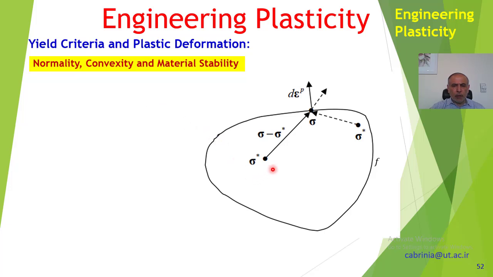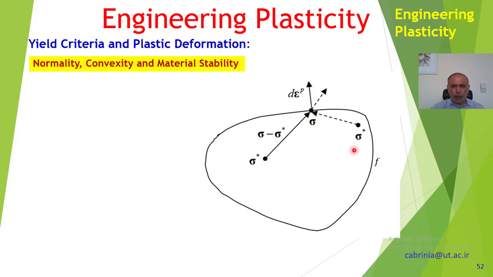As you can see here, we have a state of stress sigma star. It could be here or it could be there. Now, if you look at this vector, it's sigma minus sigma star, and that's the state of stress in the plastic region or incipient yielding, and that is the incremental plastic strain.